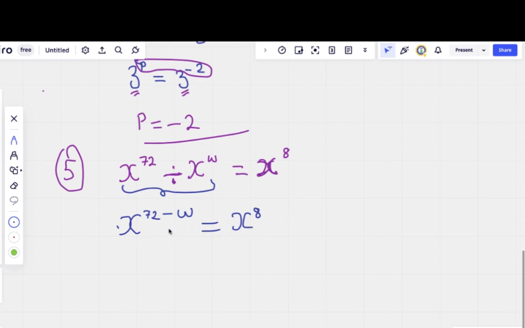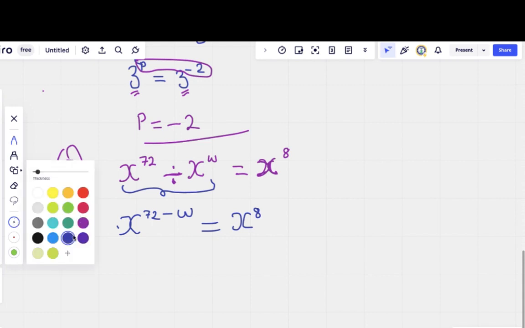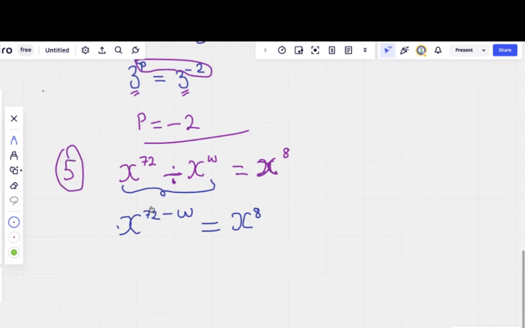So since the bases are the same, again we equate the power. Wait, what are they trying to find in this? They want to find w. Oh, I thought they wanted to find x. No, find w.